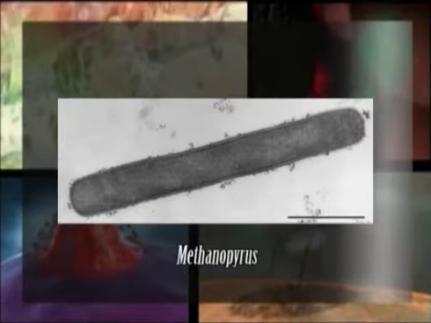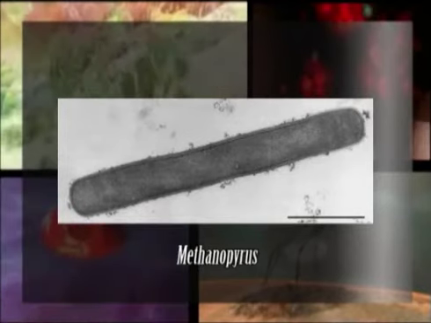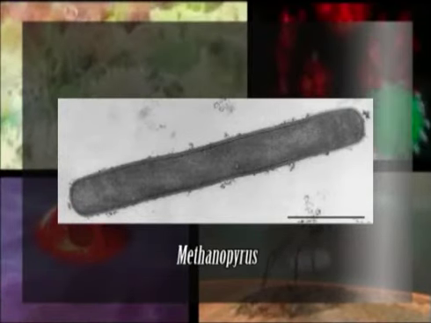The mode of nutrition is autotrophic when growing on molecular hydrogen and carbon monoxide. Methanopyrus is a common and unusual methanogen which grows at a temperature of 98 degrees to 110 degrees centigrade.